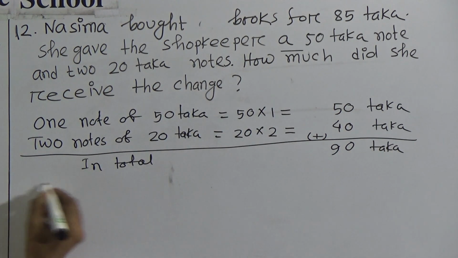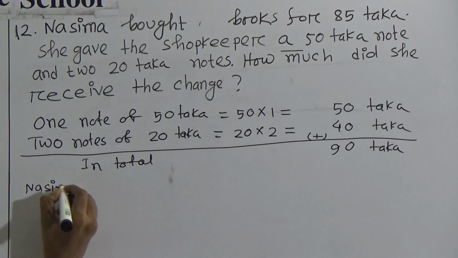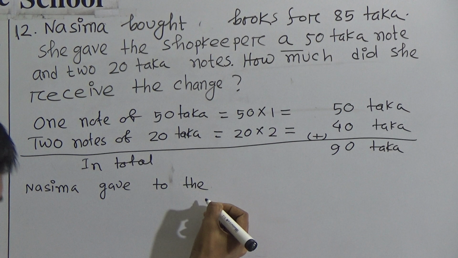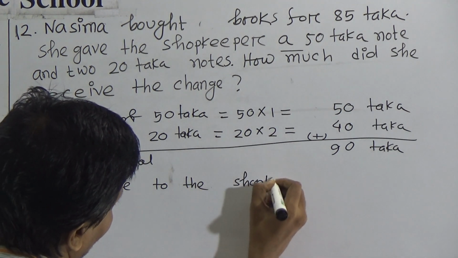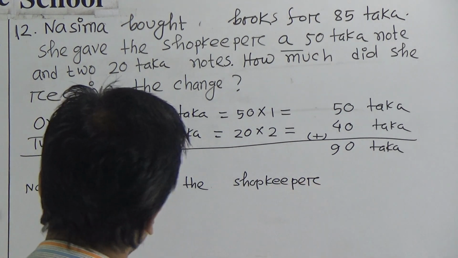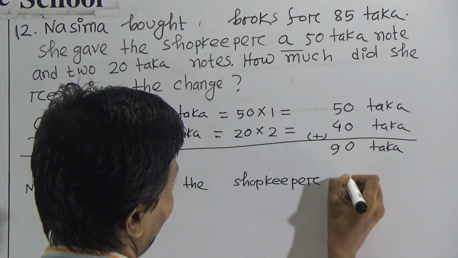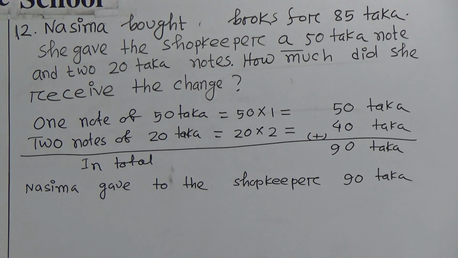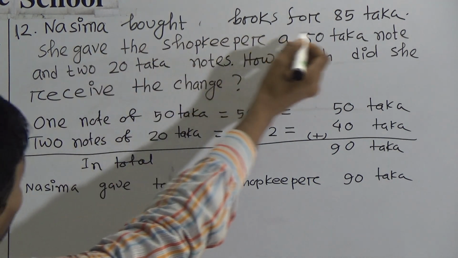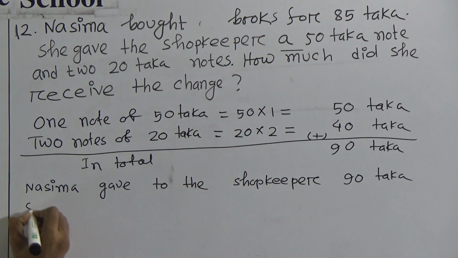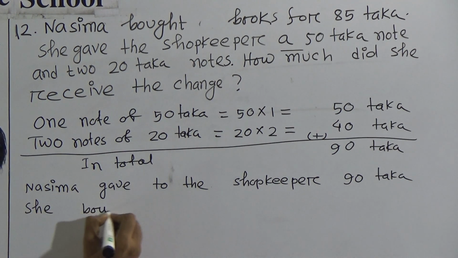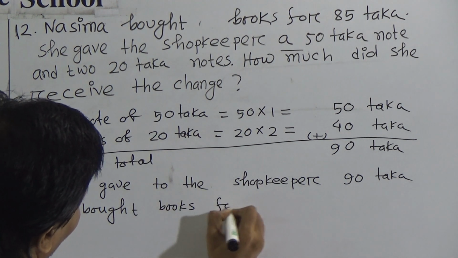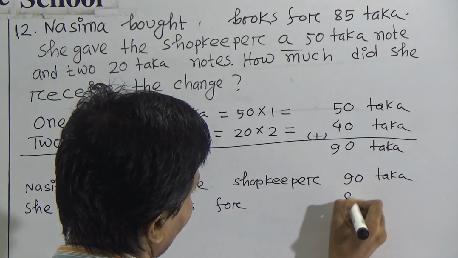That means Nasima gave the shopkeeper 90 taka. And she bought books for 85 taka.